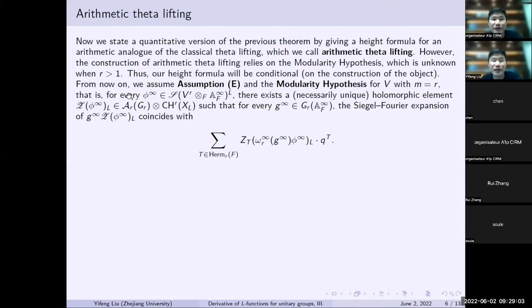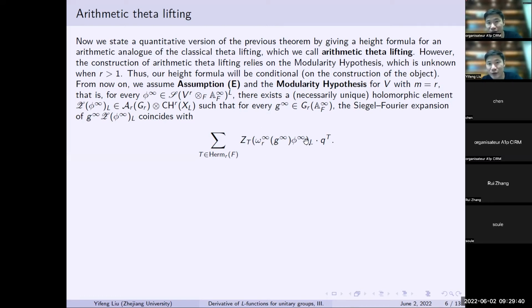That is, for any Schwartz test function phi fixed by a level L, there exists a necessarily unique holomorphic element, the fancy Z, in the space of automorphic forms of weight r tensor with the Chow group, such that for every finite idele point g, the Fourier-Jacobi expansion of this translation of the fancy Z by g coincides with this formal q-expansion with coefficients given by special cycles with moment matrix T.